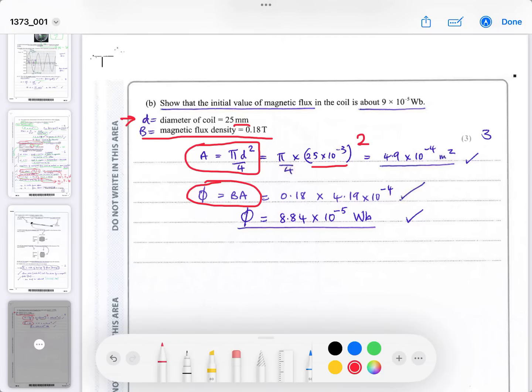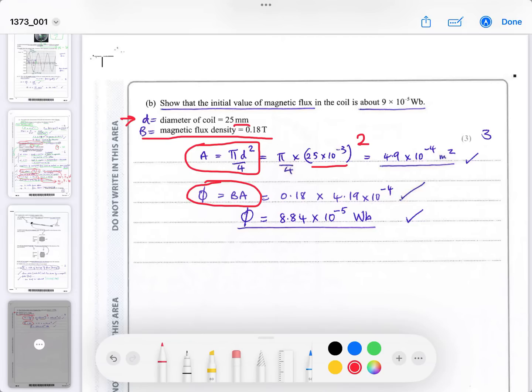Yeah, 0.025 is the same as 25 times 10 to the minus 3. And if you get the squared right, you will get 8.84 times 10 to the minus 4.